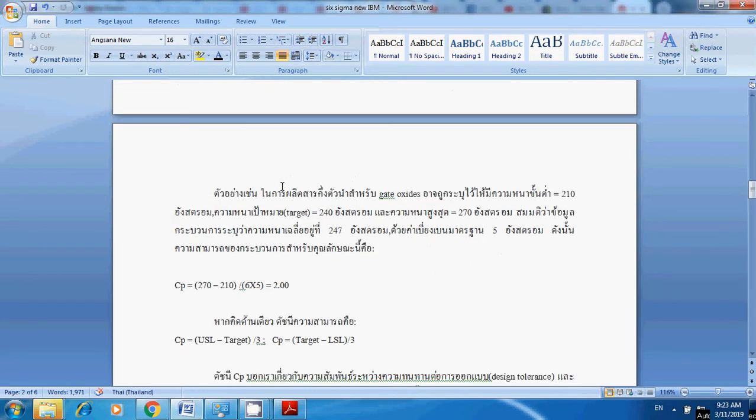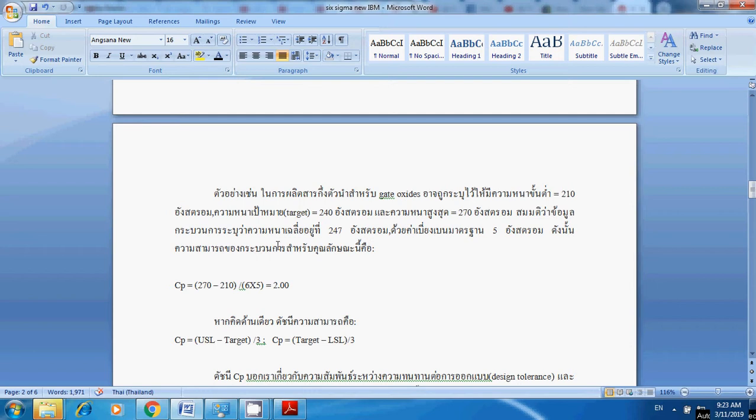For example, a gate oxide semiconductor is defined to have a minimum thickness of 210 angstrom, a target thickness of 240 angstrom, and a maximum thickness of 270 angstrom.